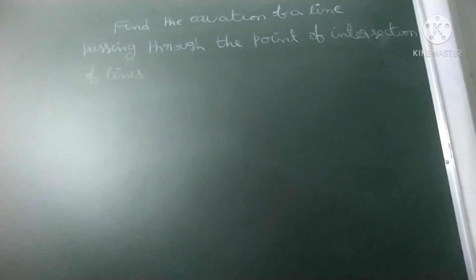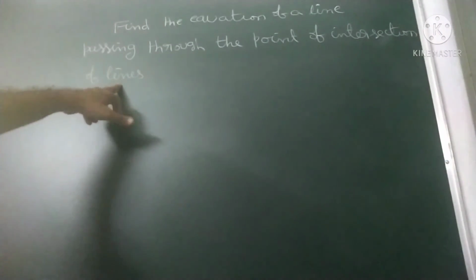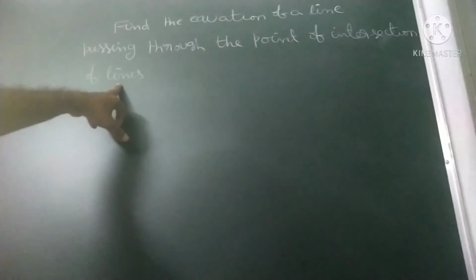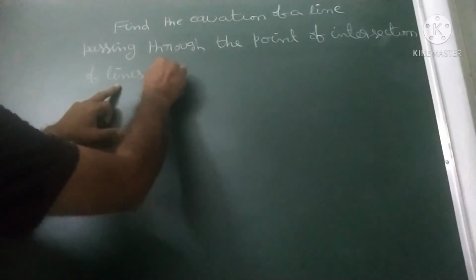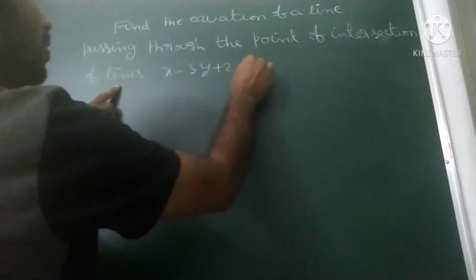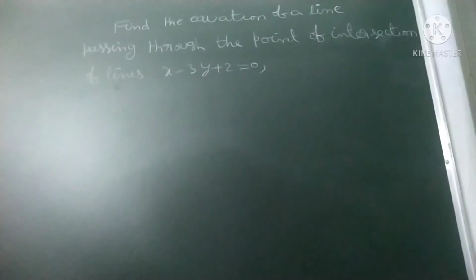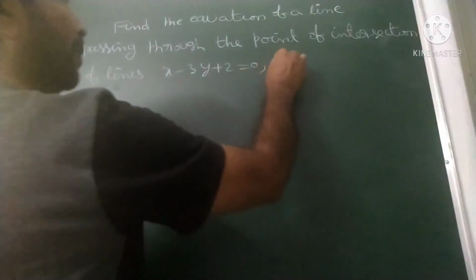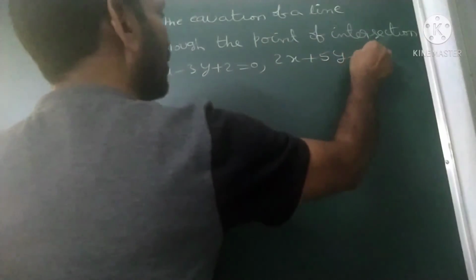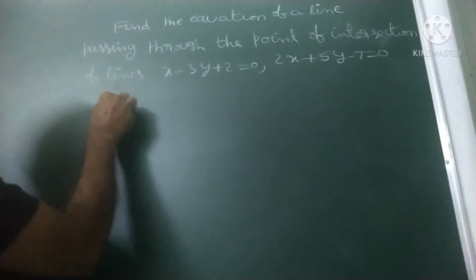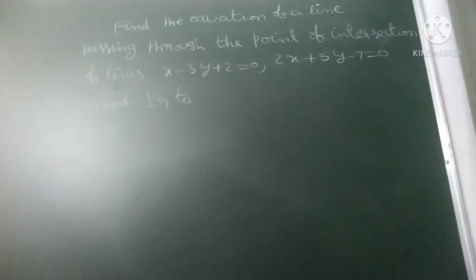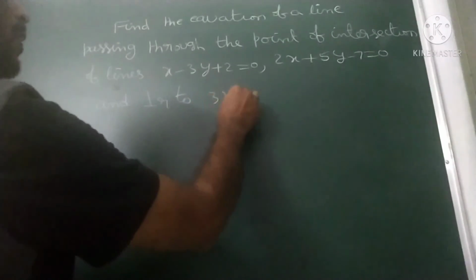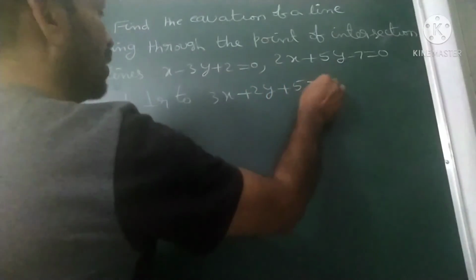Find the equation of the line passing through the point of intersection of lines x minus 3y plus 2 is equal to 0 and 2x plus 5y minus 7 is equal to 0, and perpendicular to 3x plus 2y plus 5 is equal to 0.